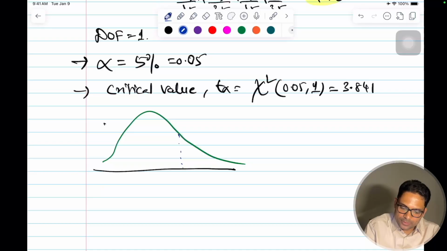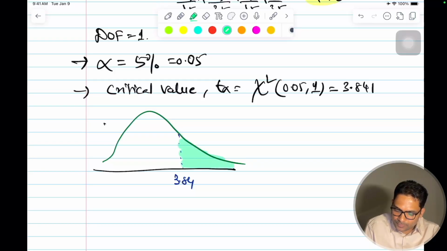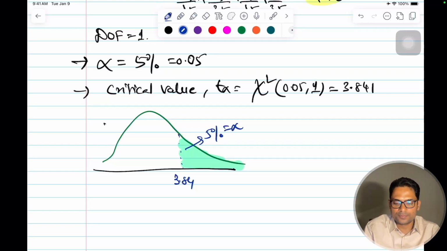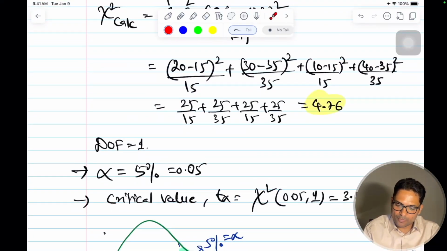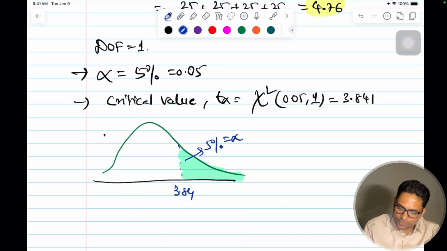This is your 3.84, means the area under the curve. This is your 5%. This is equal to your alpha, significance level. Okay, and what is my p-value? The observed statistic, I can plot this 4.76. So 3.84, so 4.76 will be somewhere here.